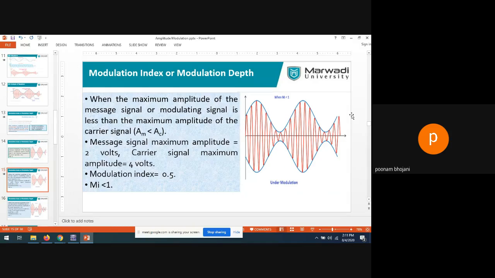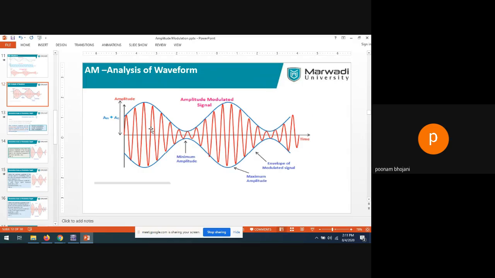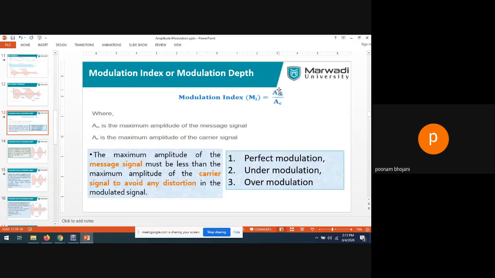Now, if it is under modulation, then what will happen? That MI is less than 1, right? Under modulation means that modulation index will be less than 1. So AM will be less than AC. Why? Because this is the equation: MI equals AM upon AC. When will it be less than 1?